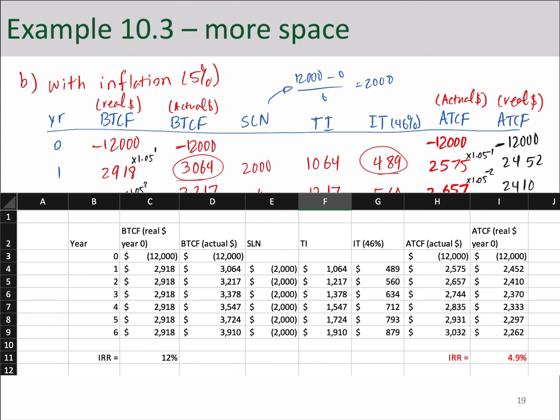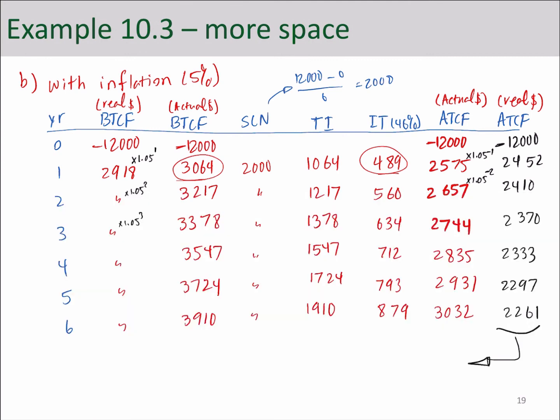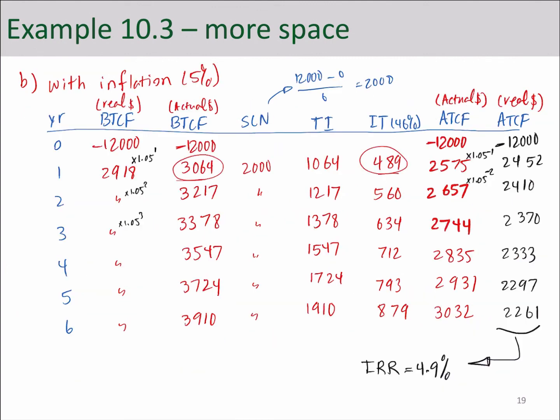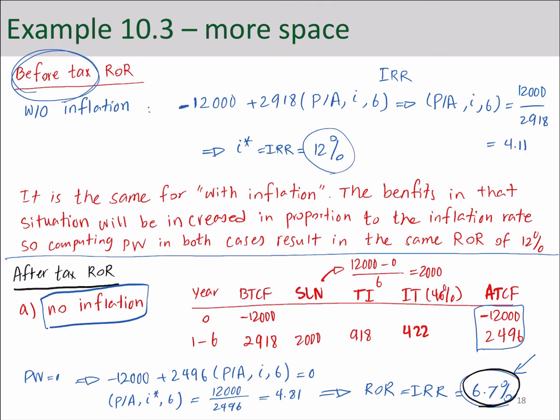So you can calculate the IRR of this cash flow, and you will see that the IRR is 4.9%. This 4.9%, compared to 6.7% with no inflation, shows that inflation does matter for after-tax cash flow. But remember, for before-tax cash flow, it doesn't matter.